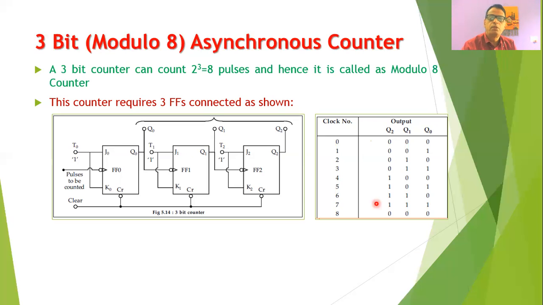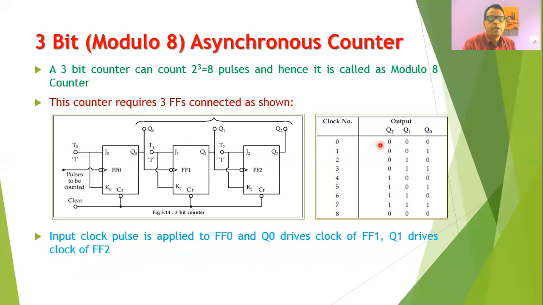After the seventh clock pulse, it will be 111. And when we apply the next clock pulse, the output of all the flip-flops will change to 0, and therefore the output of the counter will be 000. That is, we have reached the initial state again, and therefore we can say that this counter can have 8 states, and can count 8 clock pulses.